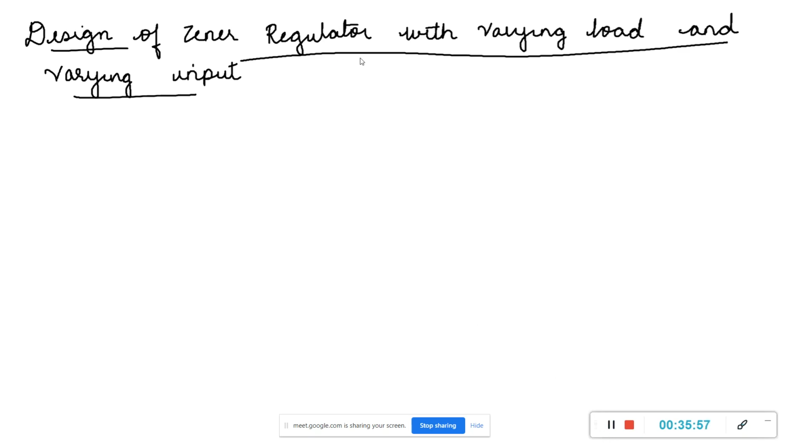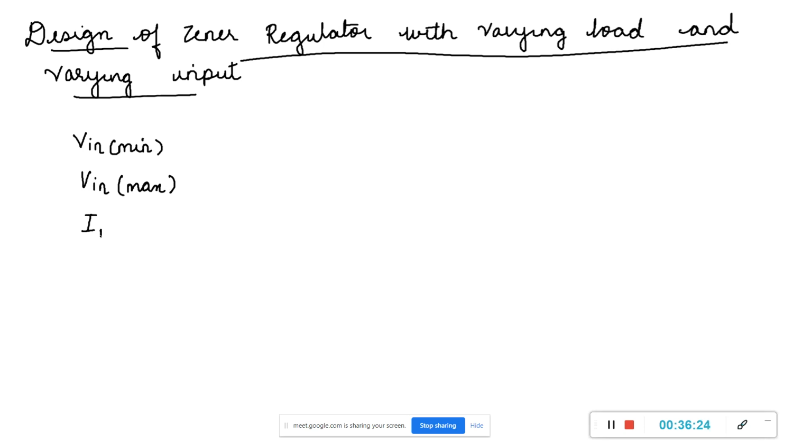design of a Zener regulator with varying load and varying input. It means the load resistance value is varied and the input voltage is also varied. So here we have certain parameters. V in min, this is the minimum value of the input voltage. V in max, this is the maximum value of the input voltage.